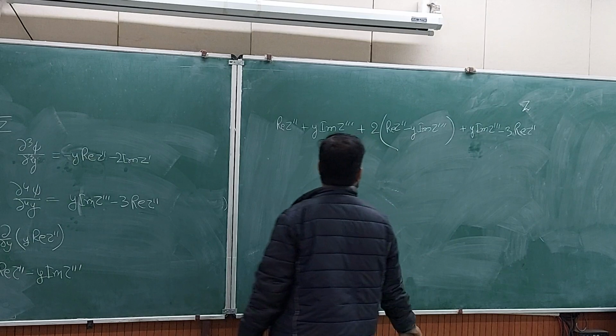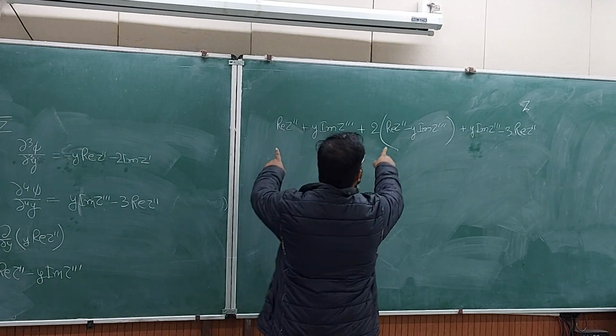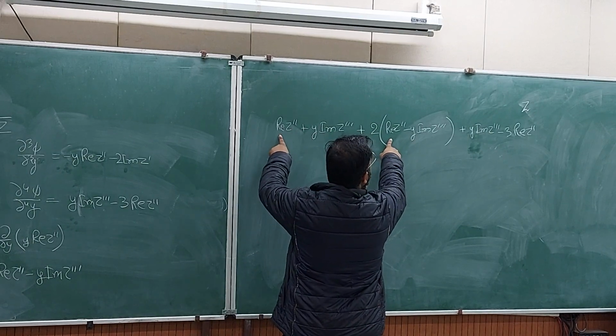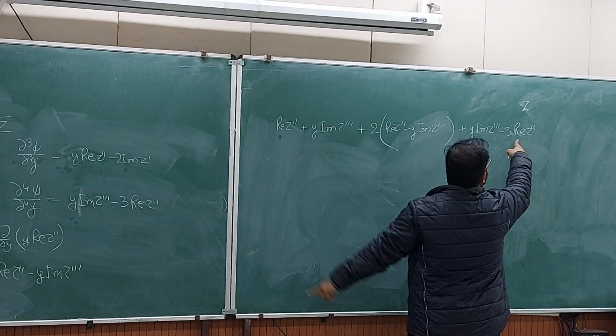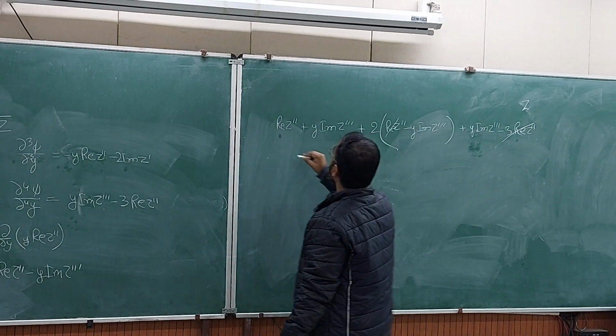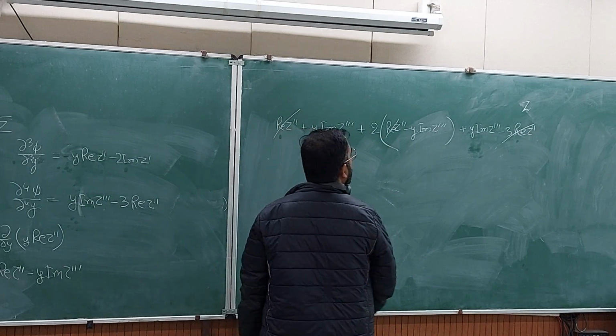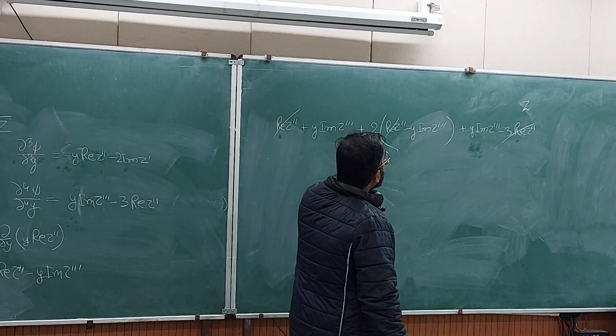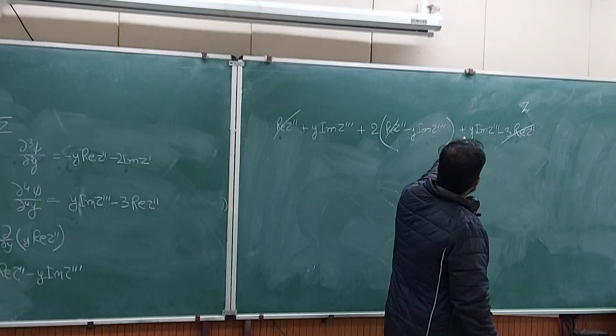अभी इसको खोल देना पड़ेगा. So ये ऐड हो जाएगा and इससे कैंसिल हो जाएगा, है ना? So this is gone. This is gone. This is gone. So what remains is 2 into the triple dash term plus this.